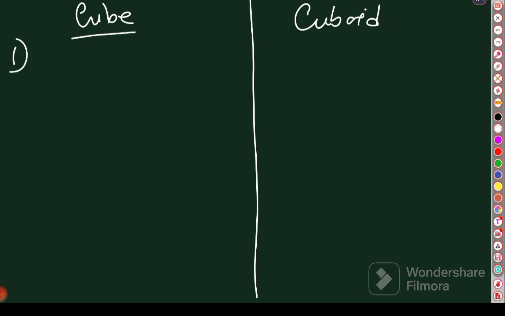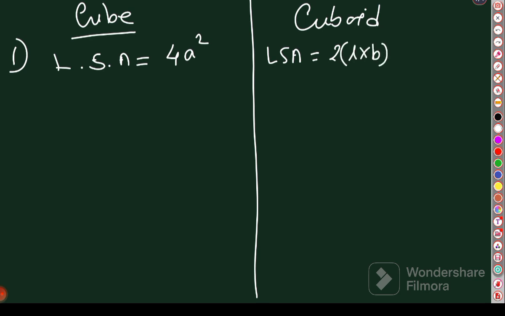So first is lateral surface area, LSA. Here, in lateral surface area, the area of each face is the same. So four faces generally sideways, so 4 a square. And here I told, perimeter into height. So 2 into length plus breadth, into height.